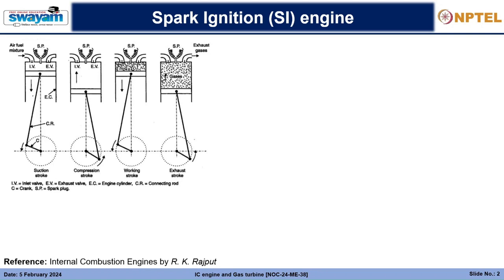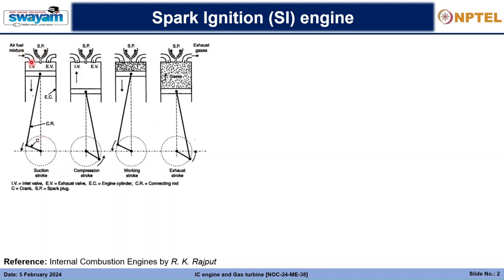Let me switch on my pointer. Basically, this is the cylinder arrangement, the cylinder piston arrangement. This is the piston, this is the connecting rod, this is the crankshaft, and as the piston moves up and down, it rotates the crankshaft, and as per the rotation, we get the torque required at the wheels of cars and automobiles, any automobiles.